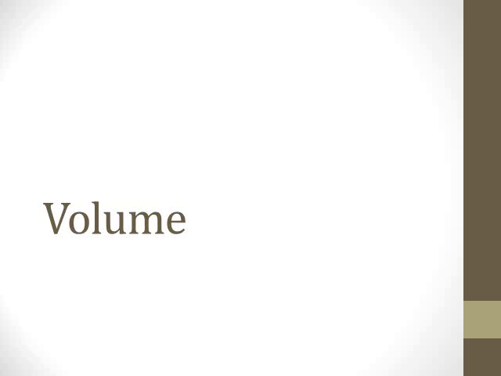This lesson is the continuation of the previous lesson, which was volume lesson 1, and this is volume lesson 2. What we discussed in the last lesson about volume and capacity is that volume is the amount of liquid contained by any container, bottle or beaker.